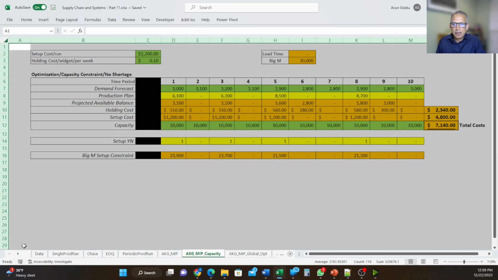So to recap, we have seen how to use Solver to optimize MPS. And we have also seen how we can use simpler heuristics to come to a near optimal solution. We need to remember that the goal of MPS is to have a feasible solution, that is, a solution that satisfies all the constraints, even if it is not optimal.